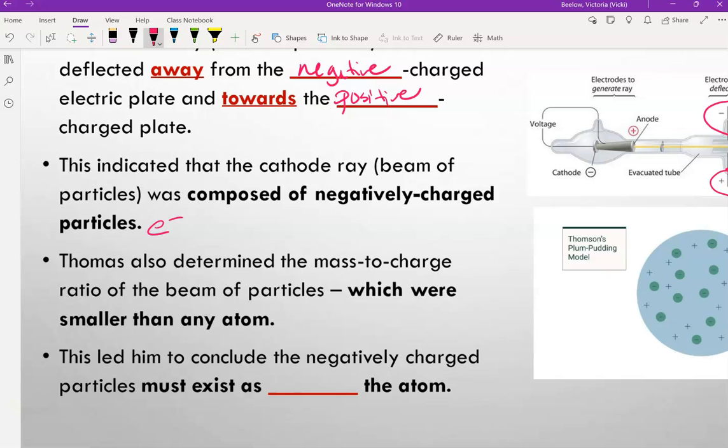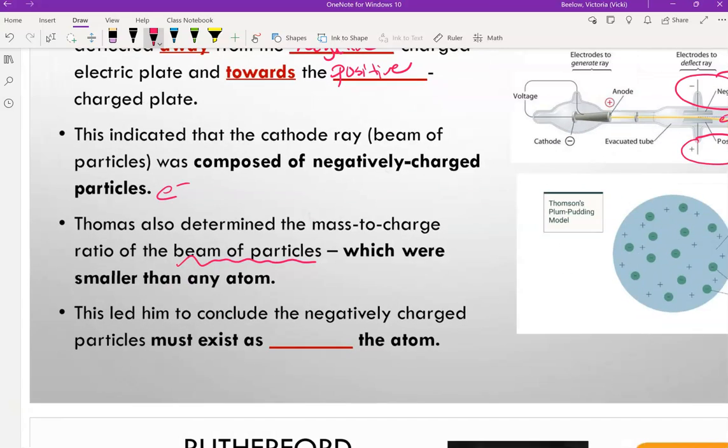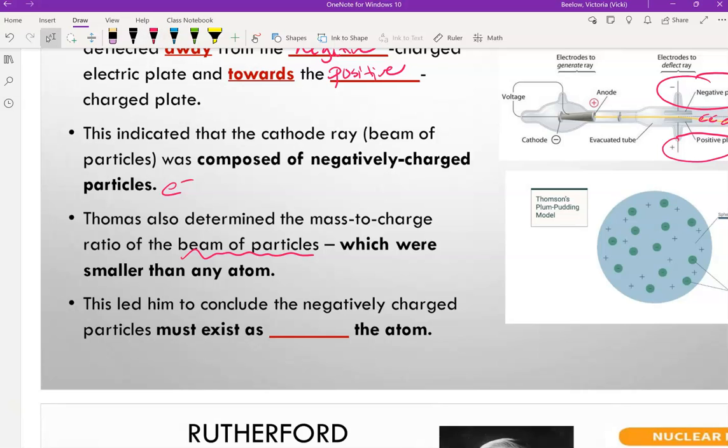So he was saying that this beam of particles was less than the mass of atoms. So therefore, this beam of particles is smaller than an atom, and must be some component in atoms. So this led him to conclude that that negatively charged particle must exist as part of the atom.